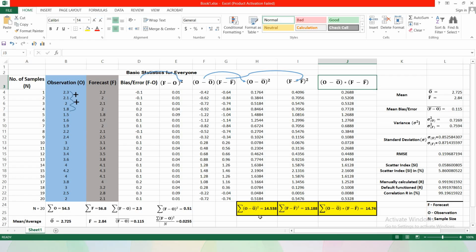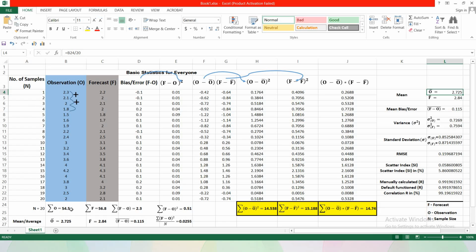Now we are good to go to compute each one of our parameters, the 7 basic standard statistical parameters: mean, bias, variance, standard deviation, RMSE, scatter index, and correlation, right? As we know well, it's very easy to compute the mean. It is the summation of all observations divided by the number of data points in that observation.